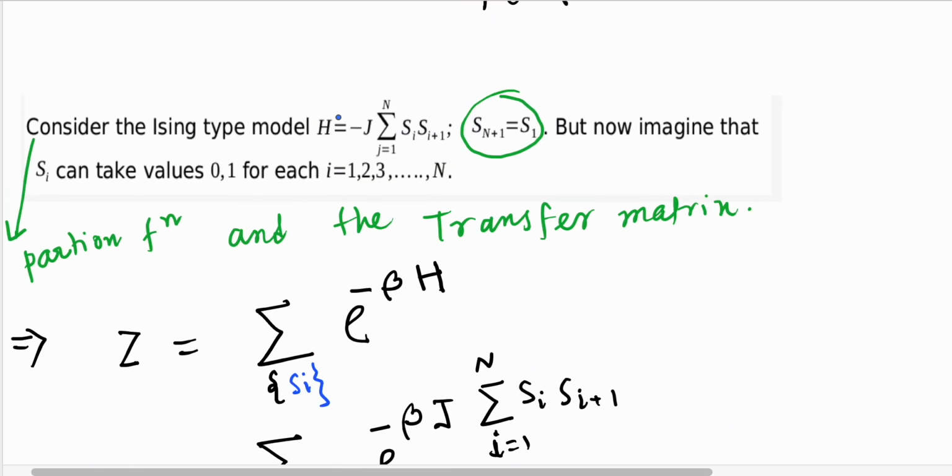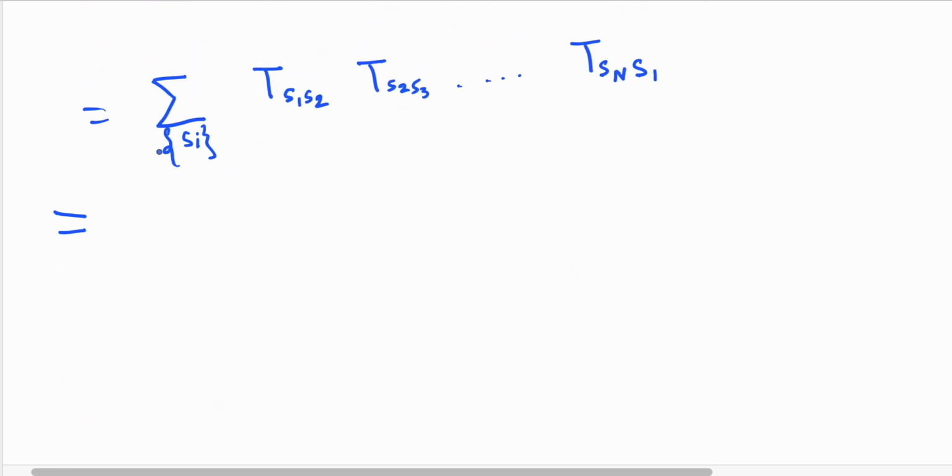Now since this is the sum over all possible combinations, and since from the Hamiltonian we can say that only the nearest neighbors depend on each other, this summation can be taken inside. First let S1 be there, and this is T(S1,S2) and T(S2,S3).